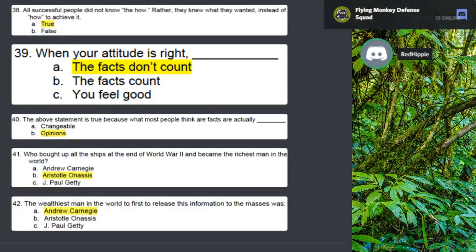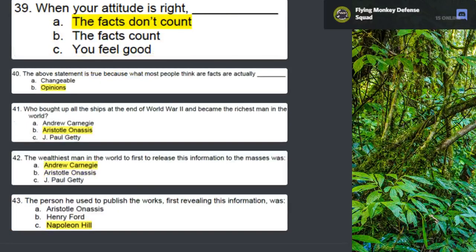The person he used to publish the works, first revealing this information, was... Napoleon Hill. Correct. Man, you're acing this test. The first book written that revealed Andrew Carnegie's material was... It wasn't Think and Grow Rich. It was the other one, wasn't it? Correct. Yeah. What was the other one's name?